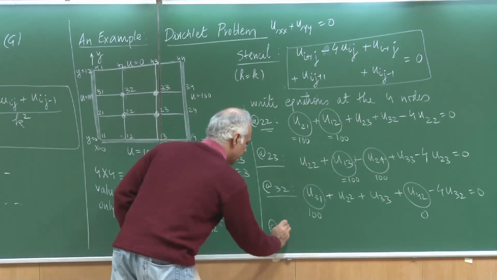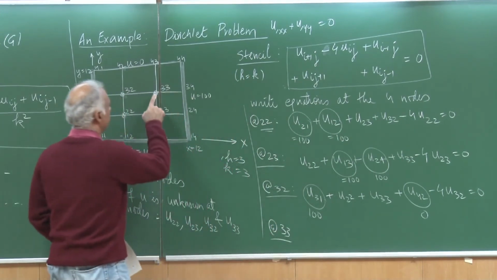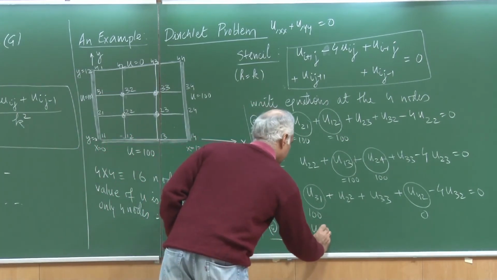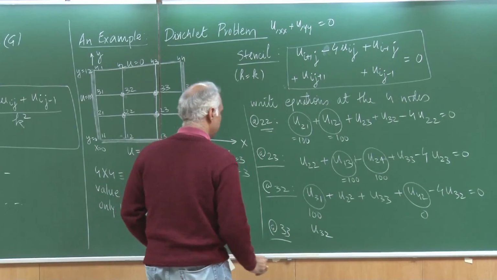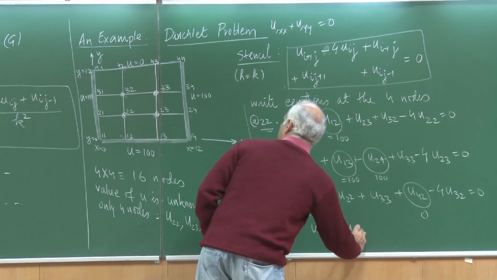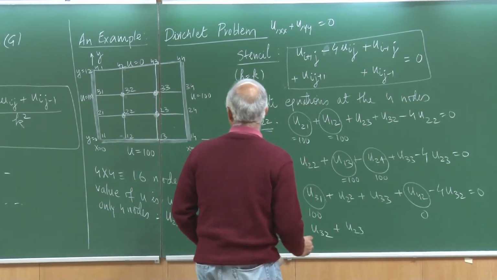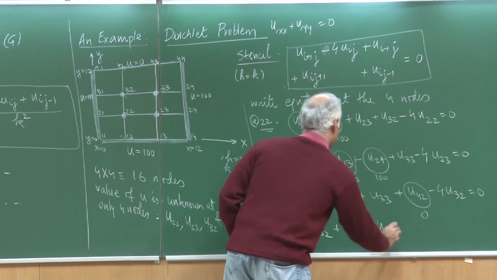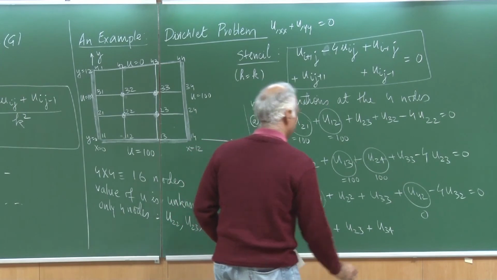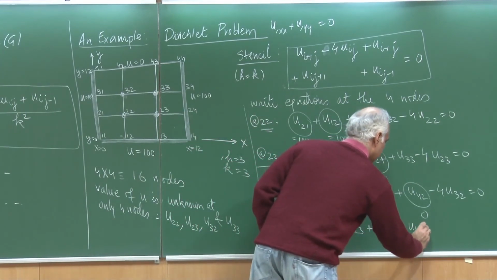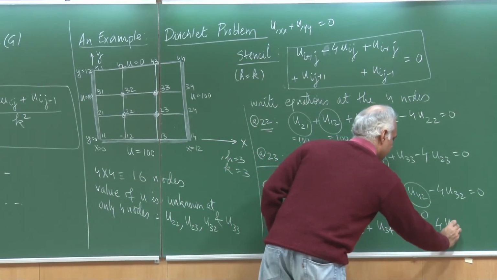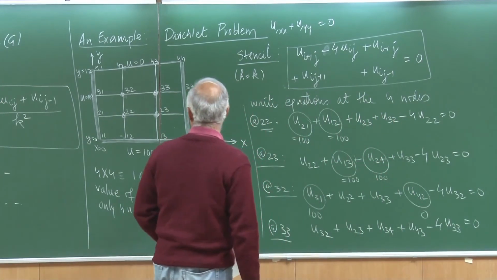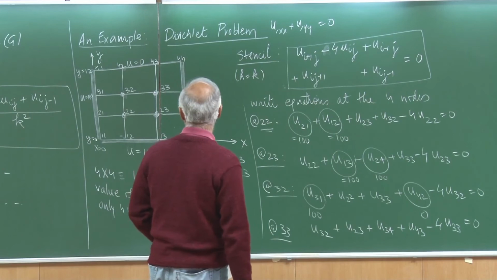Similarly, I can write down the equation at the node 3 3, and that would be u32 + u23 + u34 + u43 - 4u33 = 0, and I can again substitute for the boundary values.